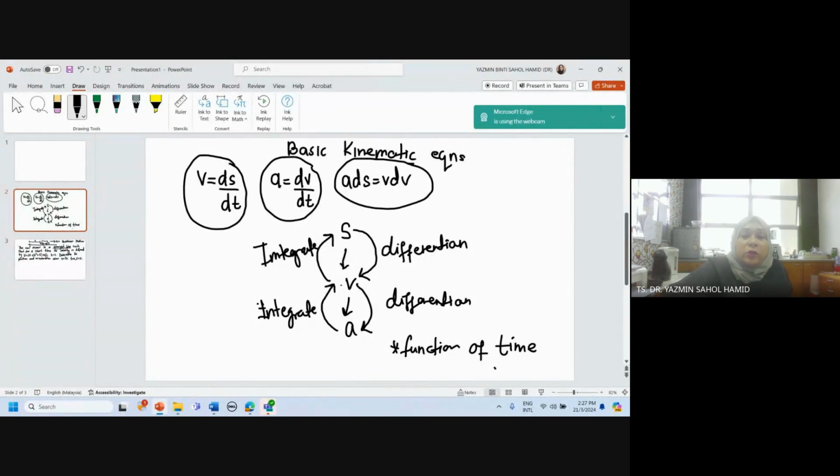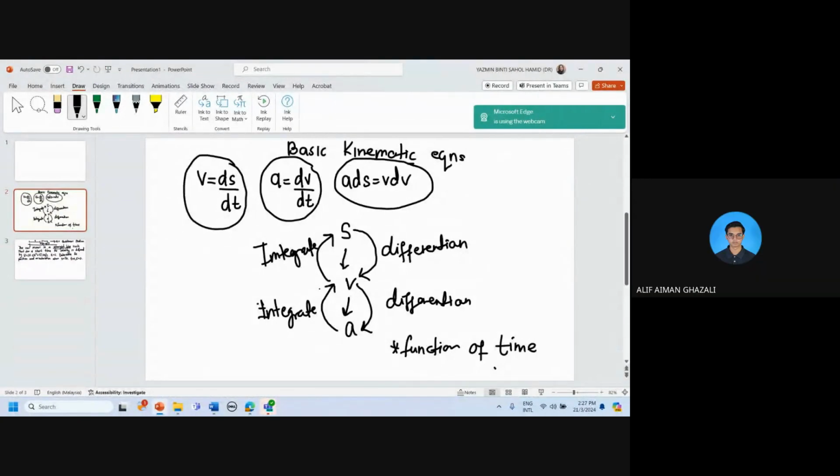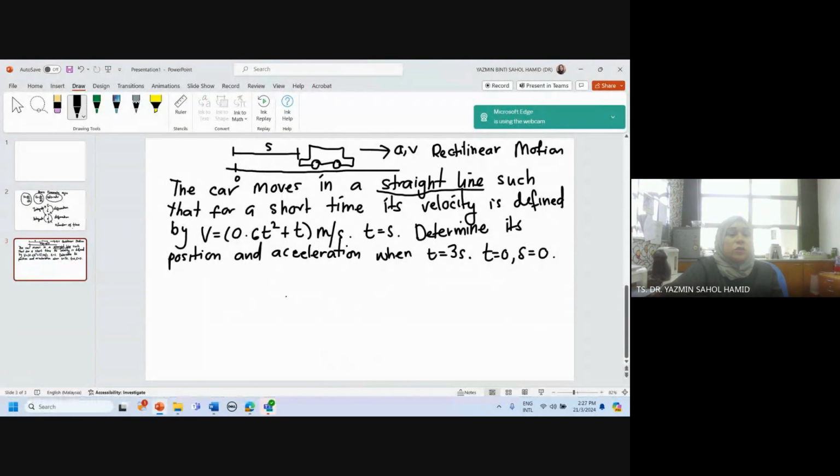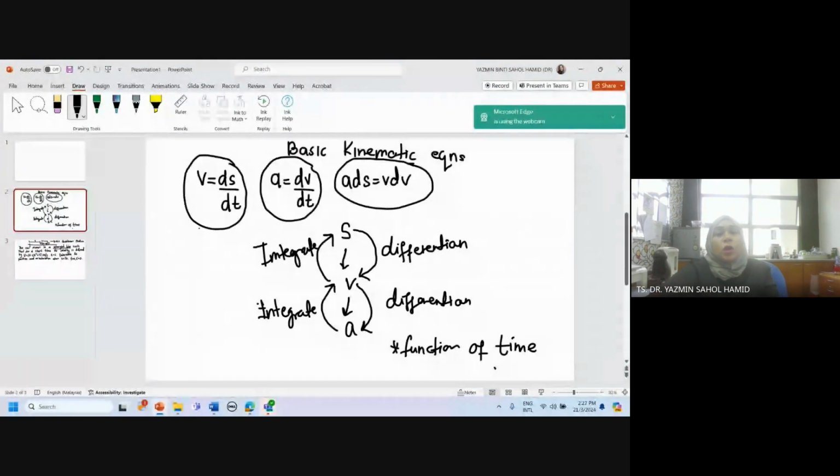From the equation of the velocity, how are we going to find the position? Can anyone give an idea? Integrate. Yes, integrate. But which equation do you want to use? Which variables and unknowns do we have, and which equation is suitable?